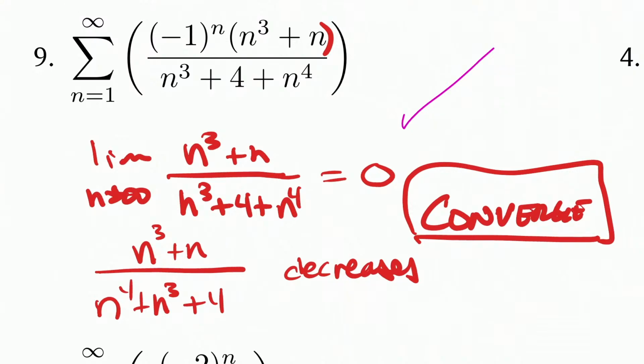So how do I know this is decreasing? Well, I'm just going to wave my hands here, but one way to check is to do the derivative, quotient rule, and then double check to make sure that the slope is always negative. It's such a pain. I don't want to do it.